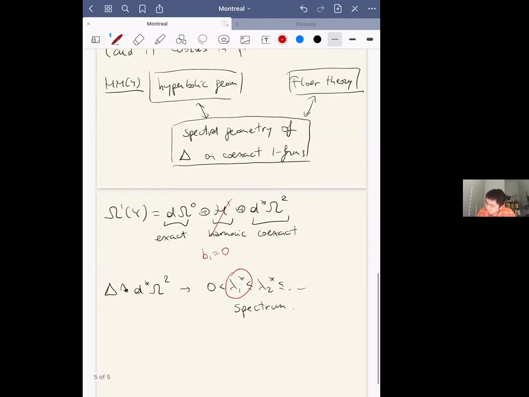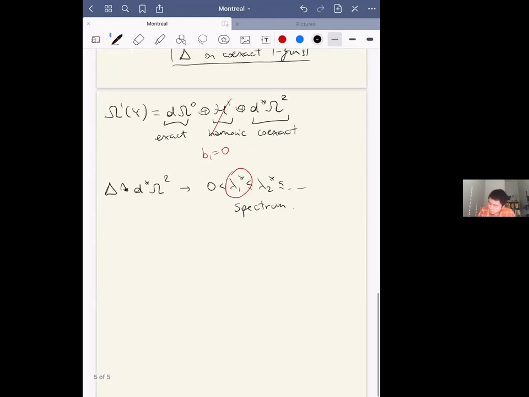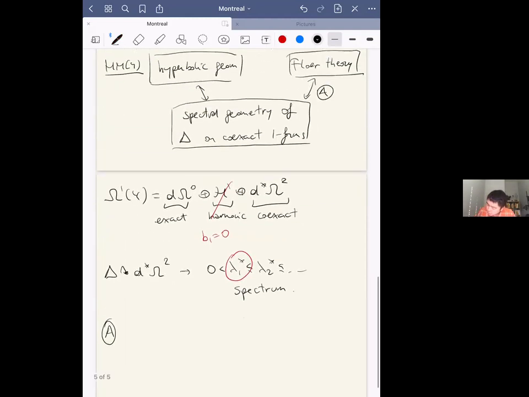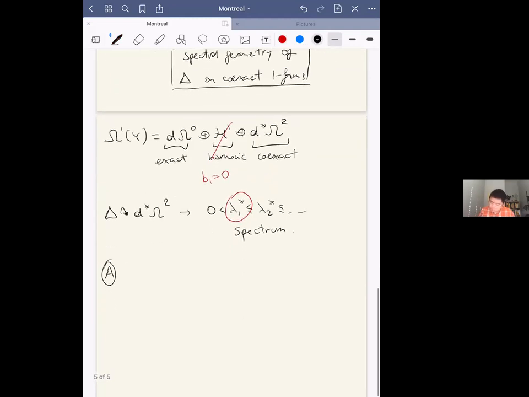So let me describe relationship A first, which is the relationship between Floer theory and spectral geometry. It is the following.